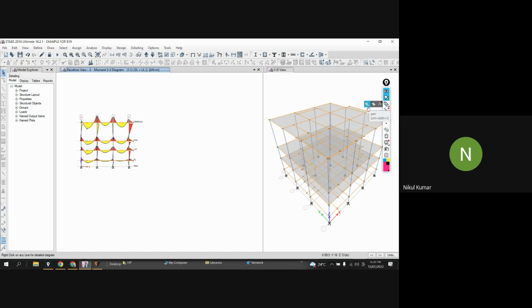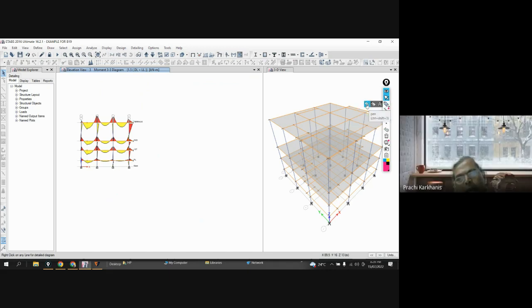See, in any software, most of the time, the bending moments are drawn on the tensile face.